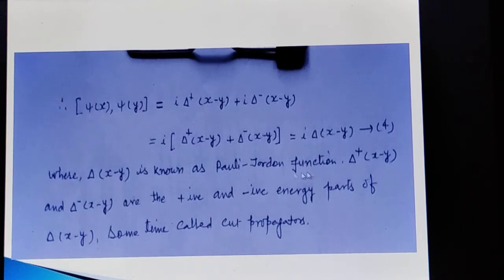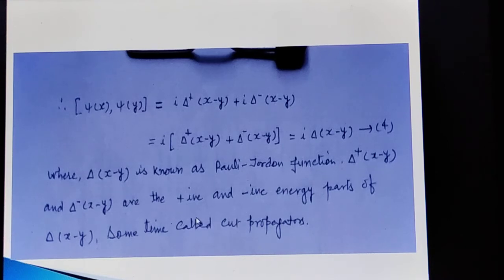These delta plus and delta minus are sometimes called propagators. So this is about the covariant commutation relation for the real KG field.